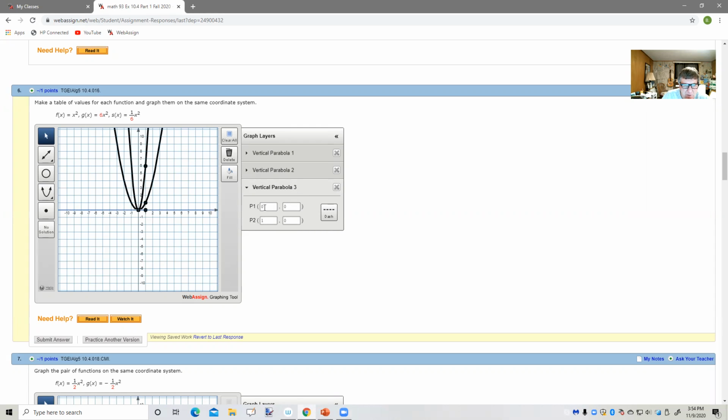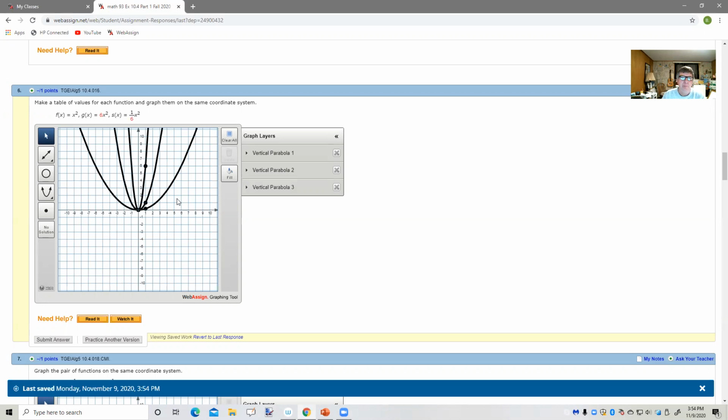My ordered pairs. The first point, which was the vertex, was 0, 0. The second point was 1, 1/6. And there you go. So you don't have to get it perfect on the graph the first time. You can go over and adjust it, but you've got to graph the vertex first.